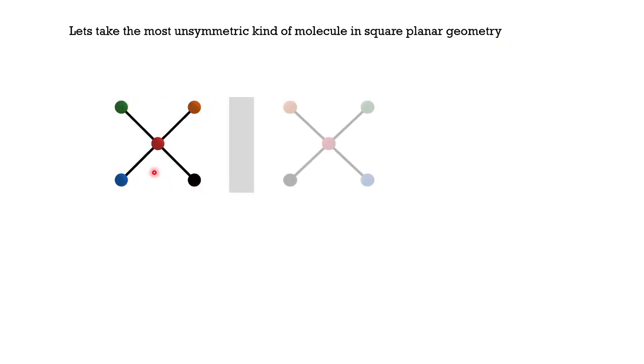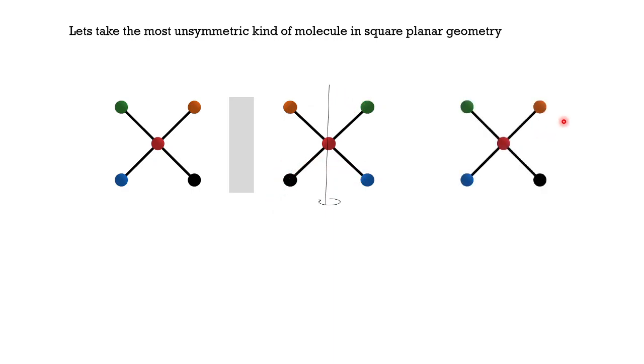Now let's think about square planar geometry. I will demonstrate only the most unsymmetric kind of molecule with all 4 attachments different, and then I can take a mirror image and flip it using the third dimension of space like this. I will flip it and the green will go here and the blue will go here and the orange will come from the back side here and the black will come here, and you can see now that they are superimposable, right?